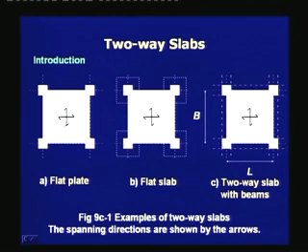The arrows are spanning in both the directions to represent that these are two-way slabs spanning in both the orthogonal directions, and hence they are to be designed for both the directions. L represents the length, which is the larger horizontal dimension, and B represents the breadth, which is the shorter horizontal dimension.